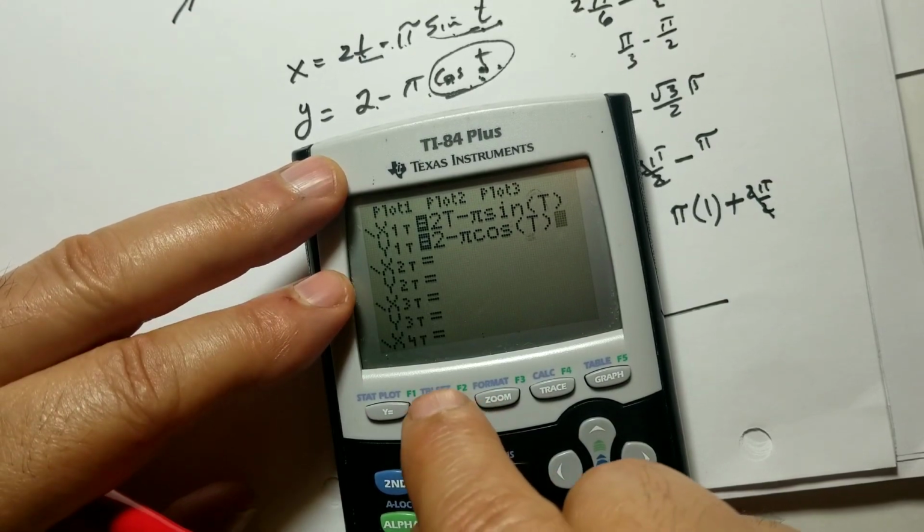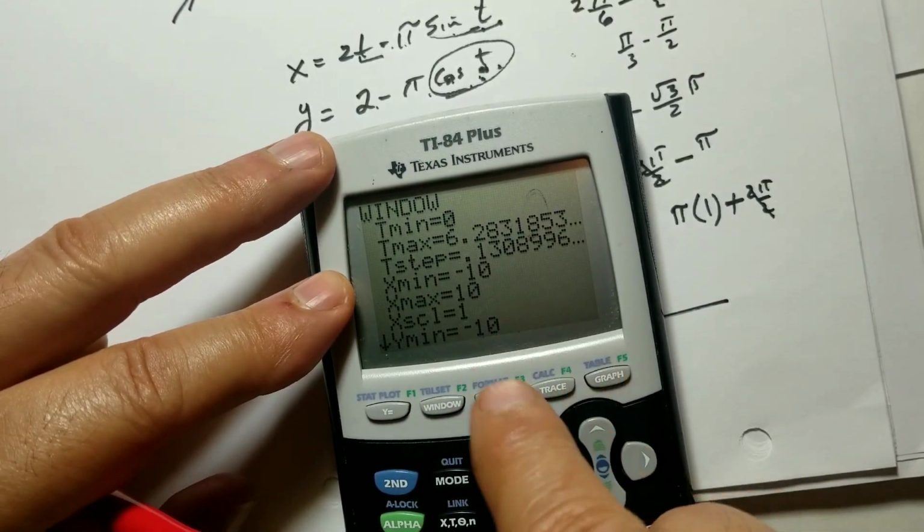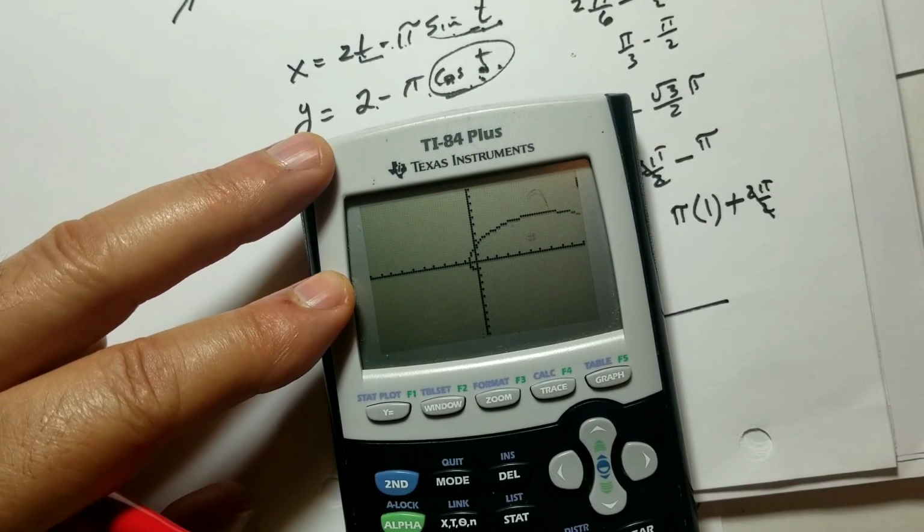And when I go to my window, I go from 0 to 2 pi. Let me see what my graph looks like.